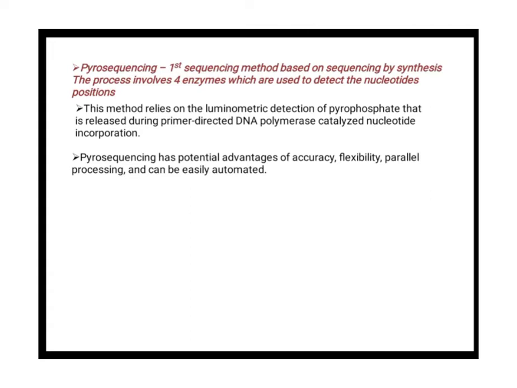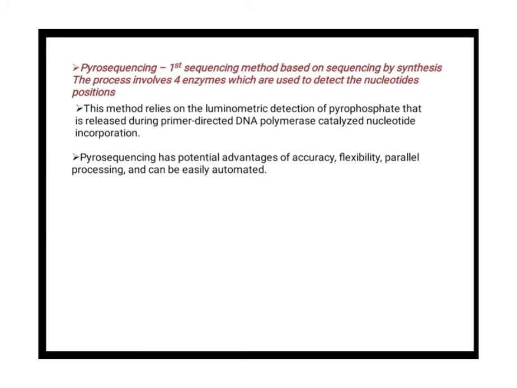This method is a luminometric detection method where the pyrophosphate released in the reaction is measured in the form of light emission, which is detected by the detector.